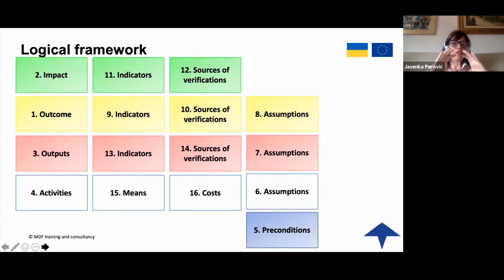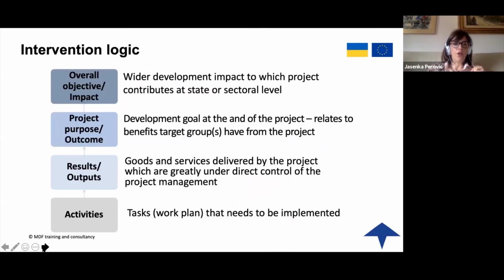So once you have gone through all of these 4 stages of analysis, then you will have proper information to fill in the first column of the logical framework, which is often referred to as the intervention logic.